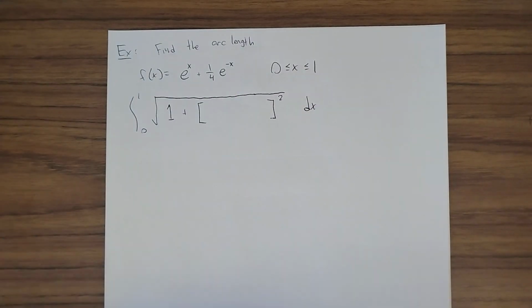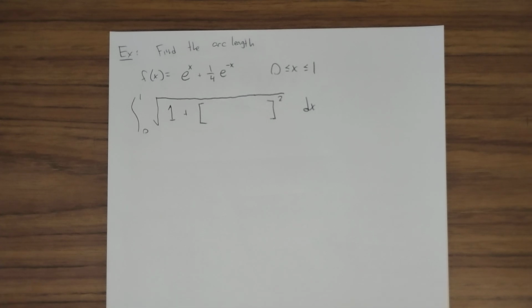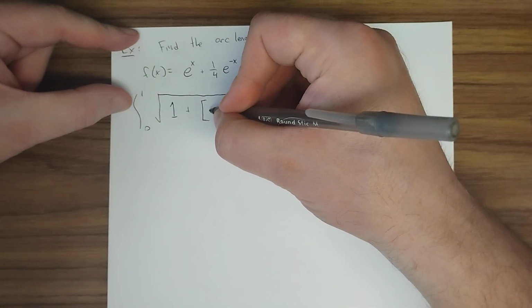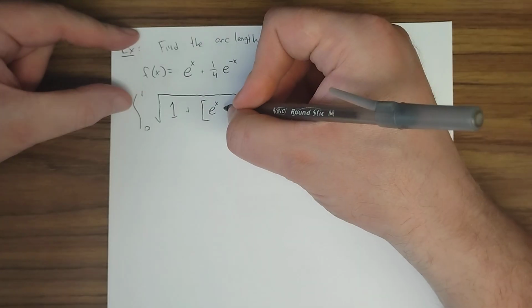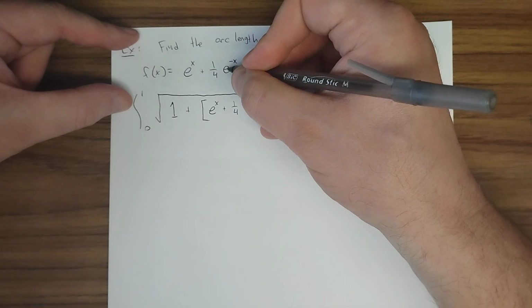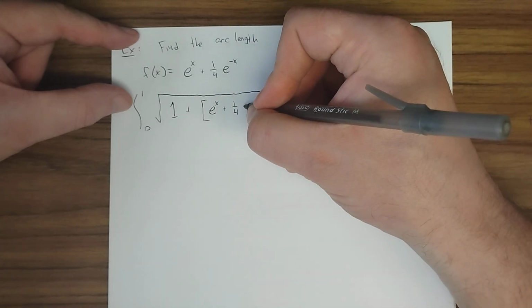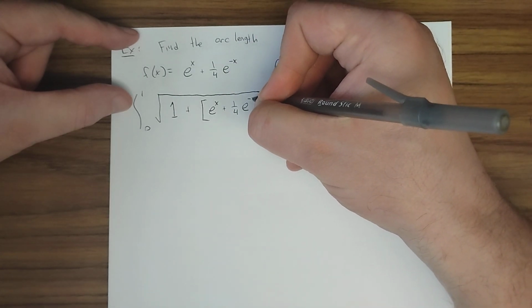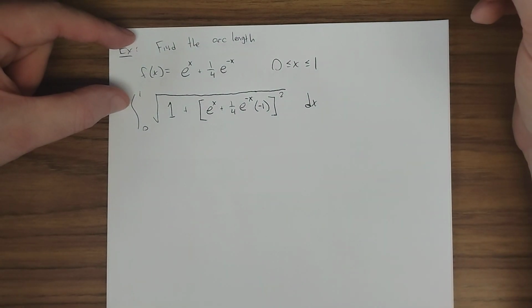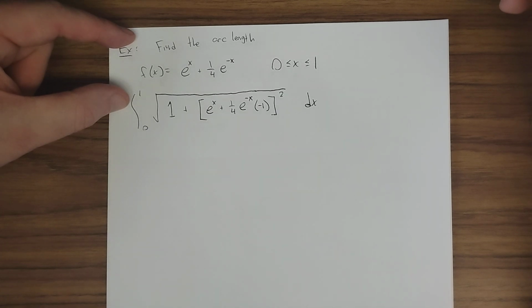I'm going to fill that blank in with whatever the derivative is. Okay, what's the derivative? Well, this is just e to the x plus 1/4. And then for this I need the chain rule, so this is e to the negative x times the derivative of the inside, which is -1.